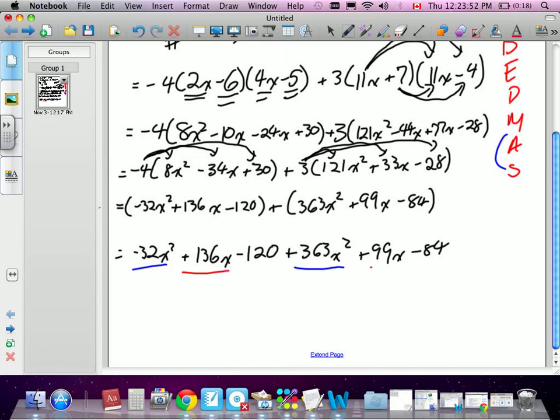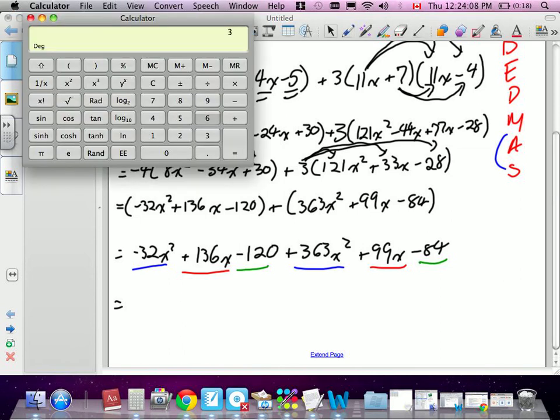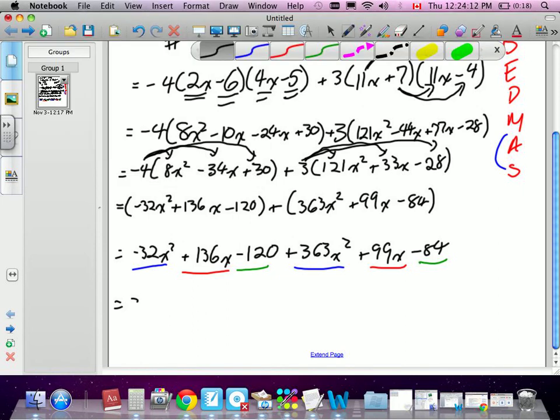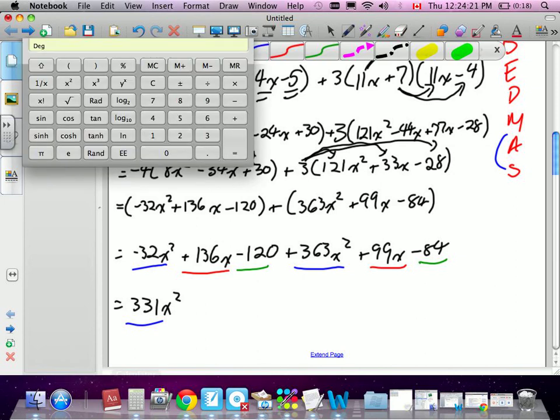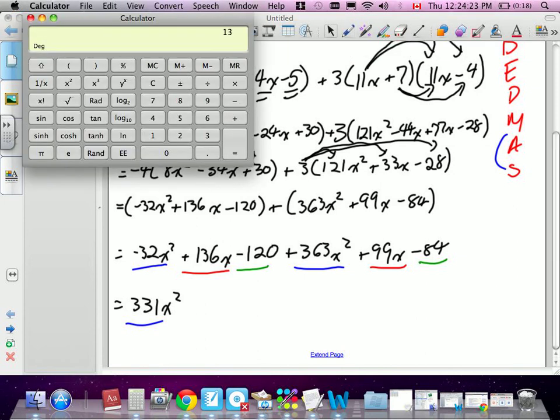Now I can deal with my addition and subtraction. I'm going to collect like terms. My x squareds are like terms, my x to the power of 1s are like terms, and my constant numbers are like terms. Negative 32x squared plus 363x squared: 363 subtract 32 is 331x squared.